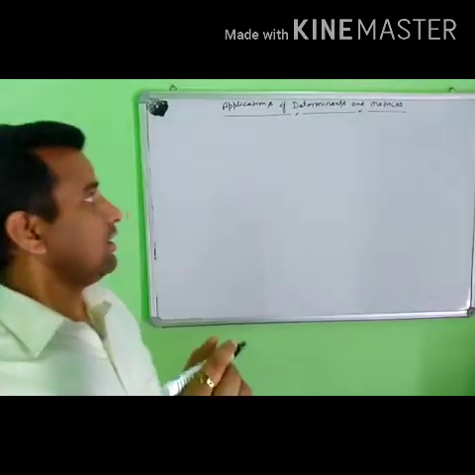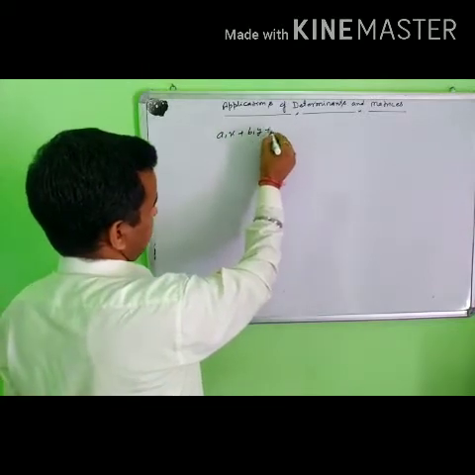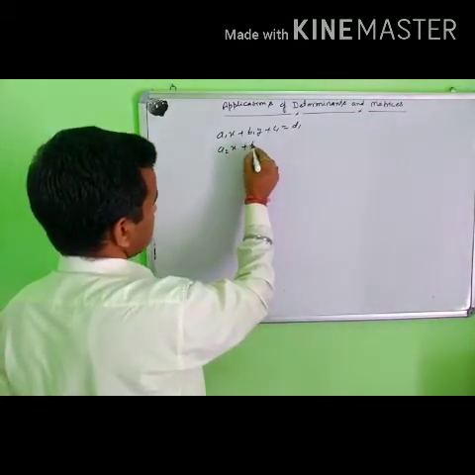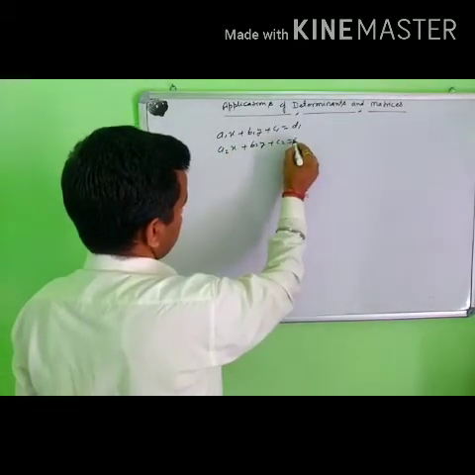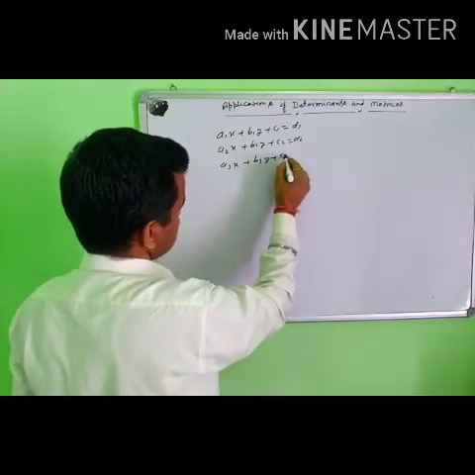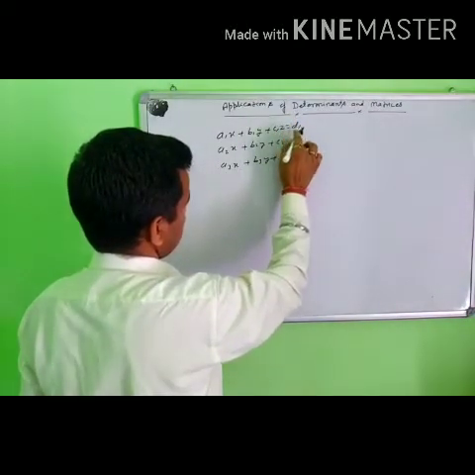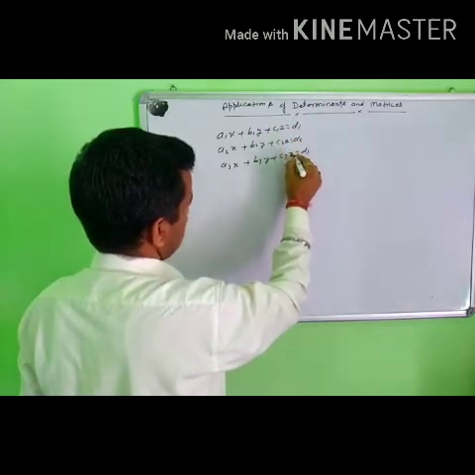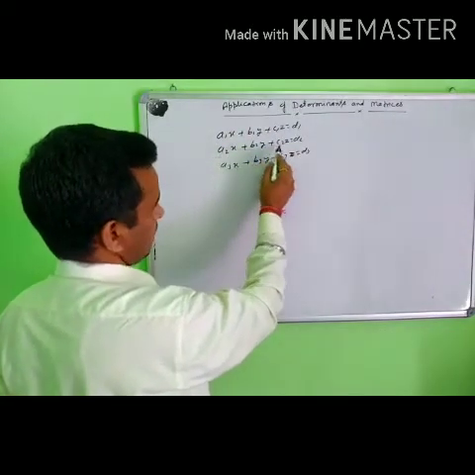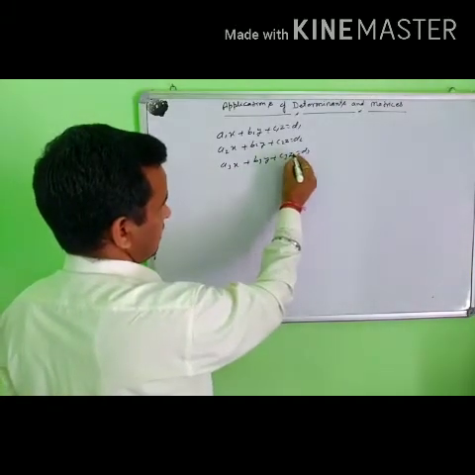Suppose the equations are a1x plus b1y plus c1z equal d1, a2x plus b2y plus c2z equal d2, and similarly a3x plus b3y plus c3z equal d3.